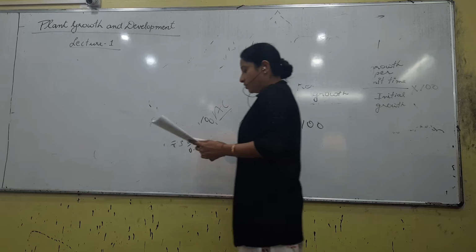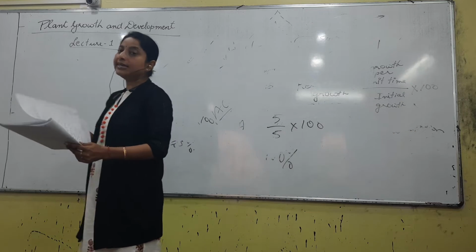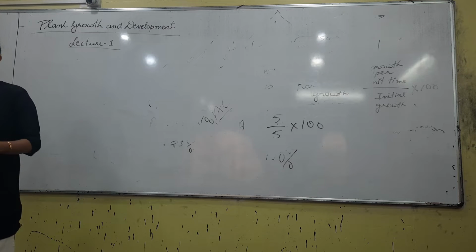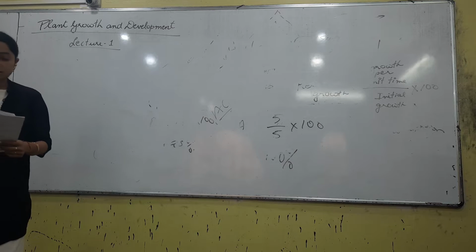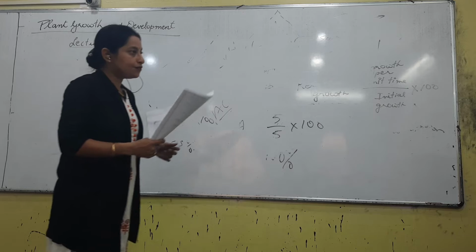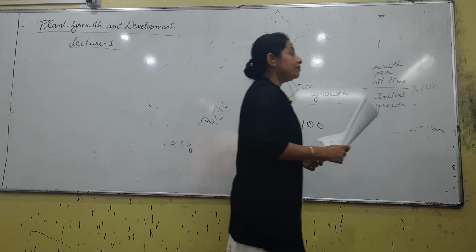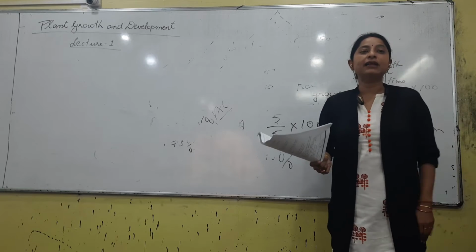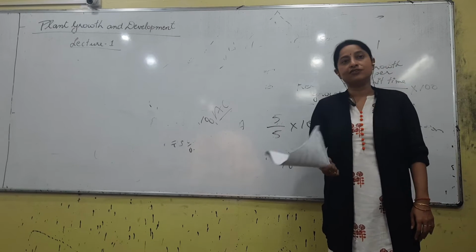So tobacco, or the scientific name Nicotiana tabacum. So according to Garner and Allard, on the basis of photoperiod requirements, plants have been classified into 3 types: short day plants, long day plants and day neutral plants.